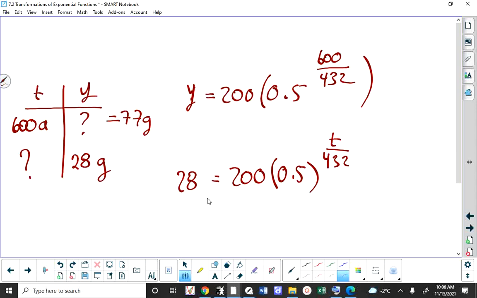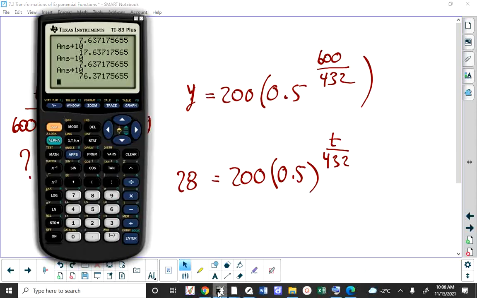Graphically, you've got to deal with goofy scales. But let's do this. I'm going to put in for y1, 28. For y2, I'm going to put 200 times 0.5 raised to, and I would need to put a set of brackets for that t over 432.